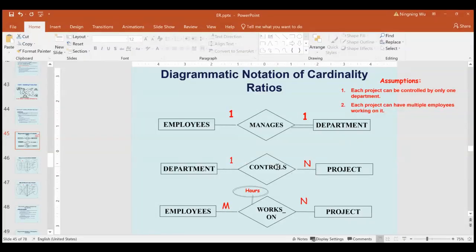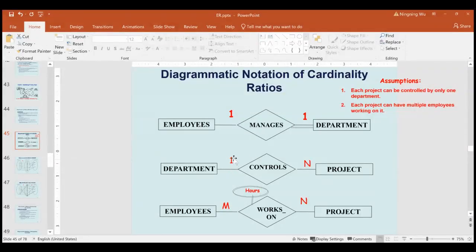So a relationship instance for controls will relate one department with one project. If a department controls, for example, 10 different projects, then that department will participate in controls 10 times. In other words, the department has 10 relationship instances, one for each project it controls.